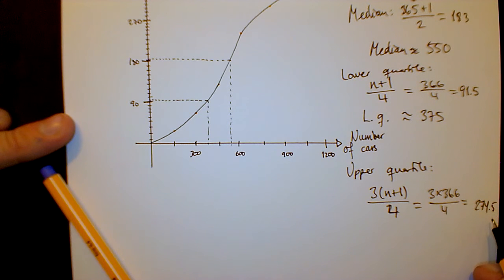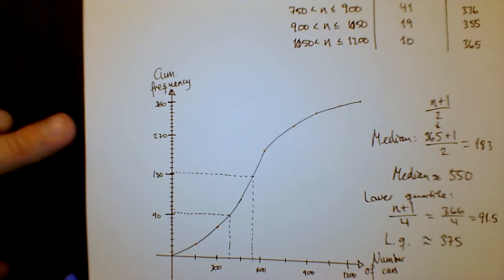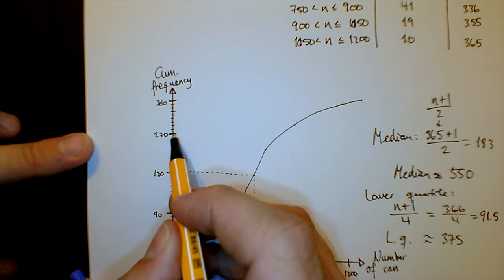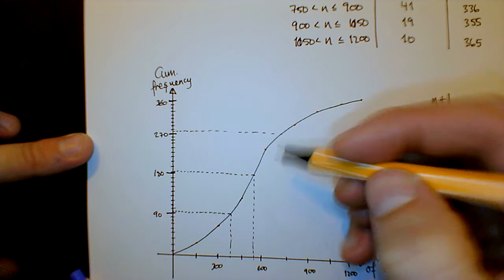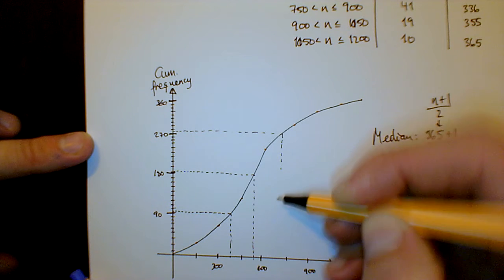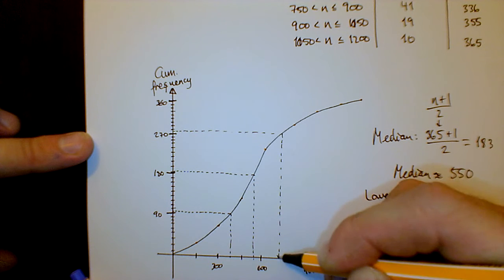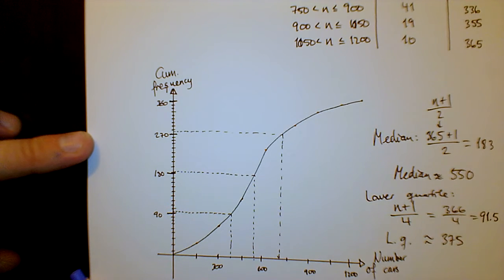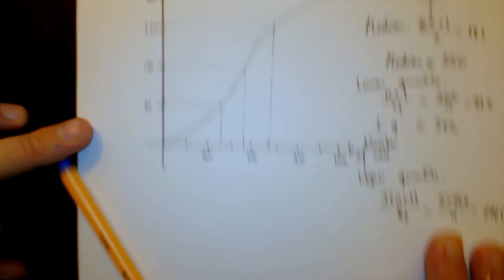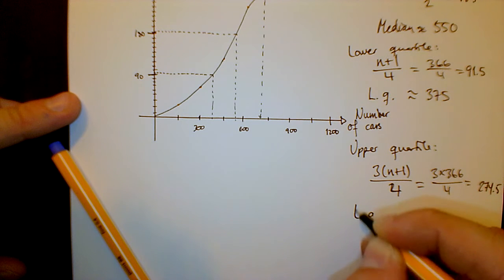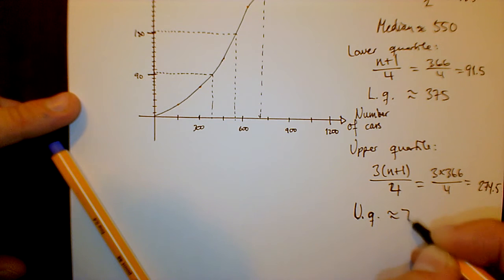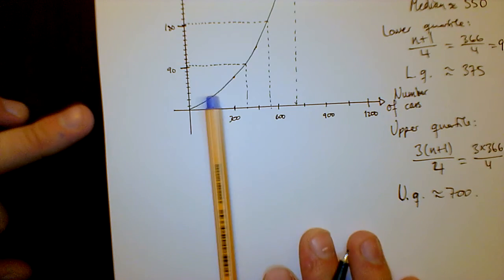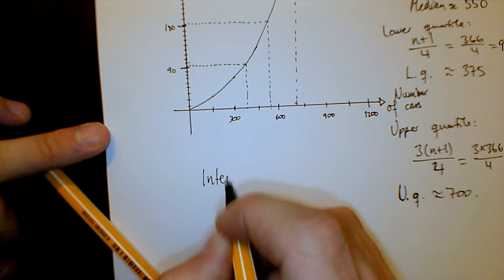So then we look at cumulative frequency of 274.5 in the graph. So that's just above 270, approximately here. Then we go down and we get approximately 700. So upper quartile is approximately 700.